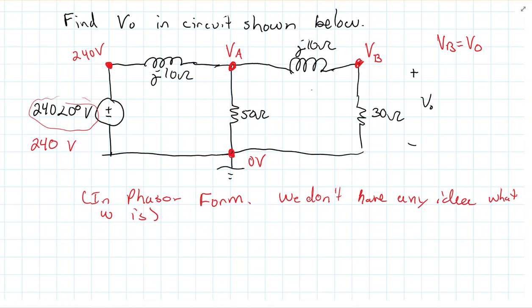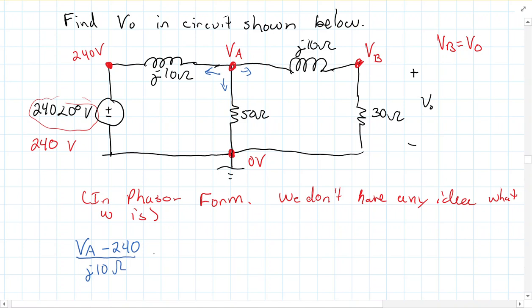Alright, so remember, doing nodal, we just look at the currents leaving the node, and so we'd have here (VA minus 240) over j10 ohm, plus VA over 50, plus (VA minus VB) over j10.